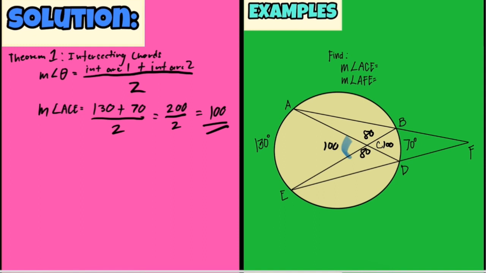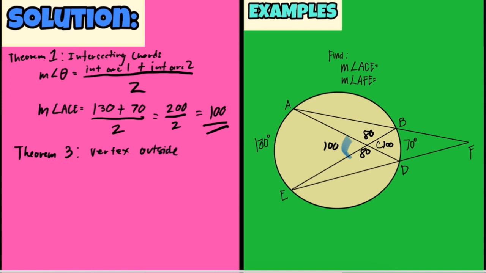Next is AFE. We're looking for the measurement of AFE. And as you can notice, the angle is formed outside. That is theorem number 3. Theorem number 3 simply states that you have different kinds of cases, right? Tangent-tangent, secant-secant, tangent-secant. But what matters is that the vertex is outside.